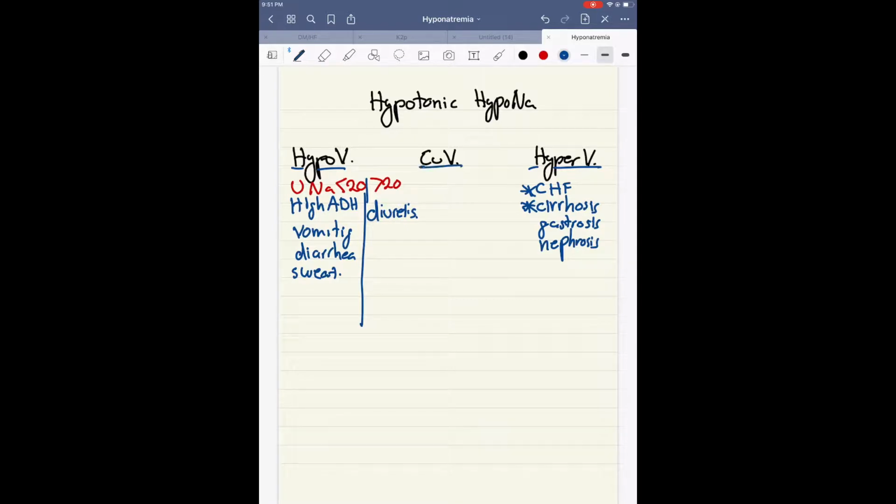Euvolemic causes of hypotonic hyponatremia: you're relatively euvolemic, so you can't really ascertain on a history and physical where they are volume-wise. The mnemonic here is going to be RATS-P.